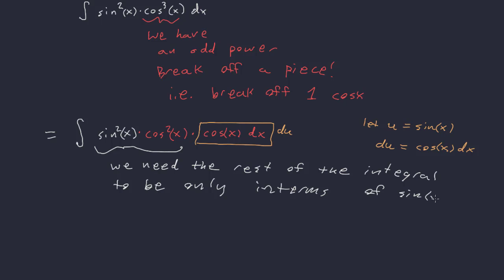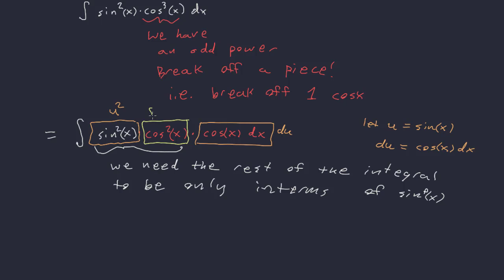That could be sine squared, sine cubed, whatever, just powers. I'll put a little p here because it could be powers of sine, but we need to get rid of the cosine here because the cosine is our du. We want everything here to just be in terms of u. Now this part is fine, right? This is sine squared, so that would just be u squared. So what we really need to do is adjust this cosine squared.